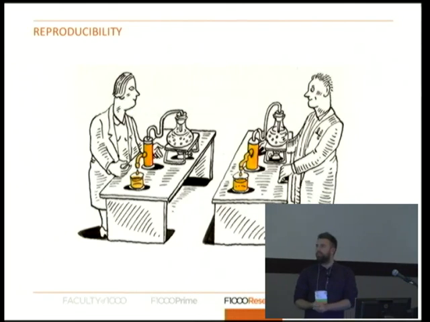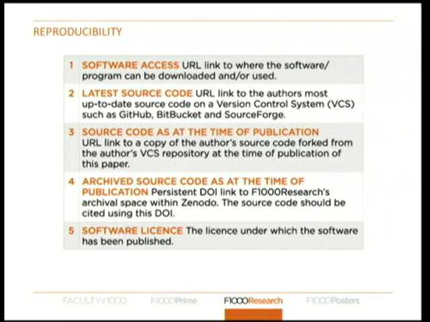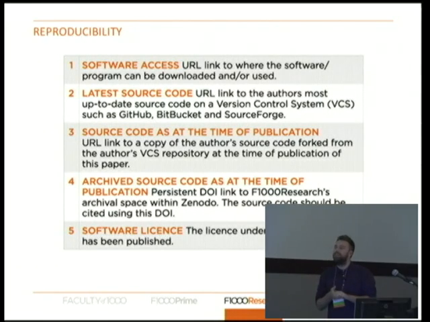Another problem is obviously reproducibility, the hot topic at the moment in science. I'm sure you're all familiar with the STAP debacle that happened in Nature over the past few months. Basically, we need things to be a bit more reproducible, and code is no different. So what we do at F1000 Research for the provenance of the code is we have this standardized table that goes in our software availability section, and these are the 5 things that we ask for.